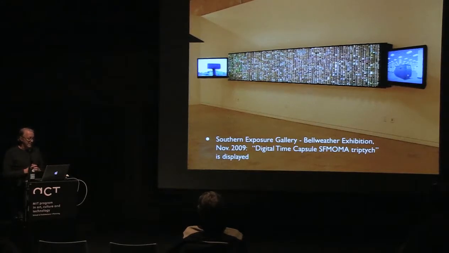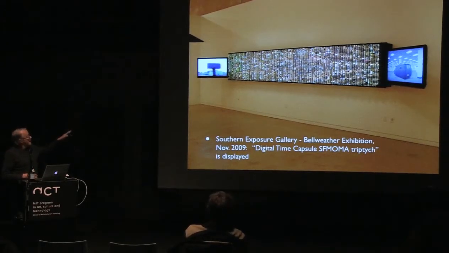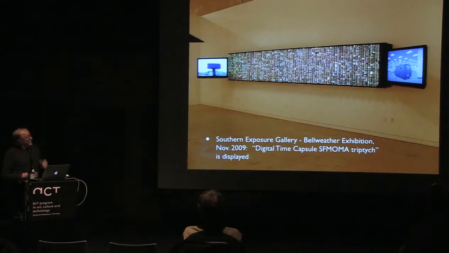This is a different exhibition a year later, also in San Francisco, at Southern Exposure Gallery, of what we call the SFMOMA Time Capsule Triptyque. It has 2 channels of video. The first one on the left you've seen, the Discovery. The video on the right is called Co-Location Dream.